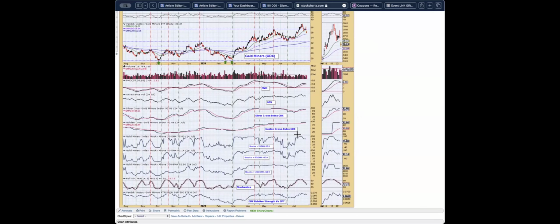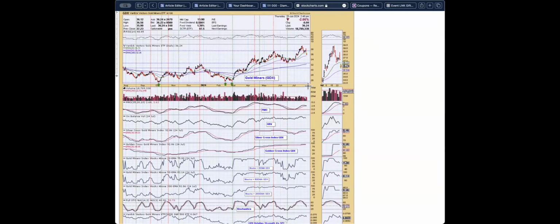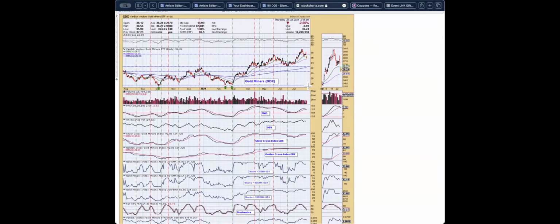But look at the bleed off on participation here. Look at stochastics falling. You can see that relative strength started to peter out here. There were some problems here that did give us a sign that we were going to see a drop in gold miners. And it doesn't look too good for them moving forward based on the loss of participation.